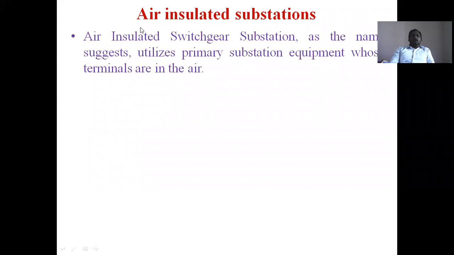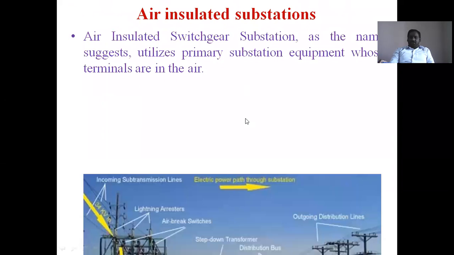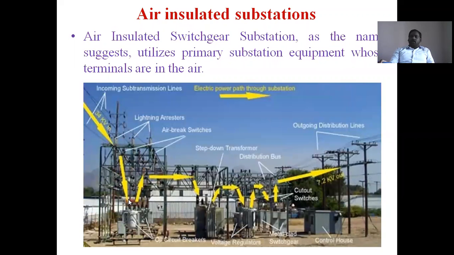That's why it is an air insulated switchgear substation. These are all equipment; the arrow mark shows the equipment. Here these equipments have air insulation. That's why these types of substations are called air insulated substations.